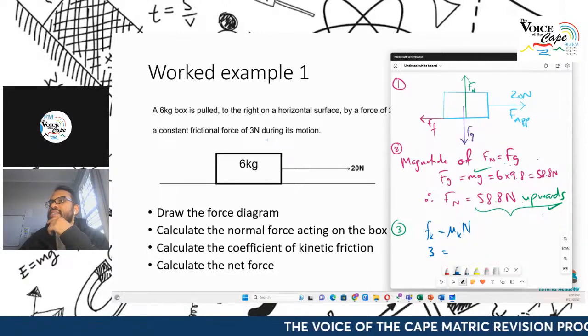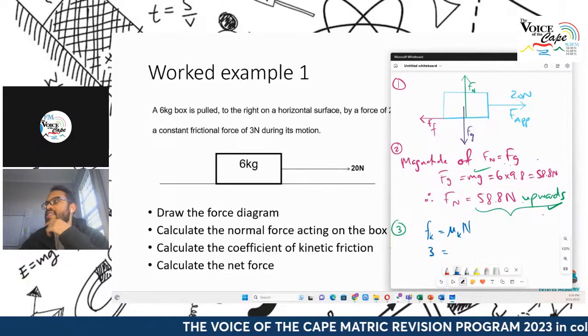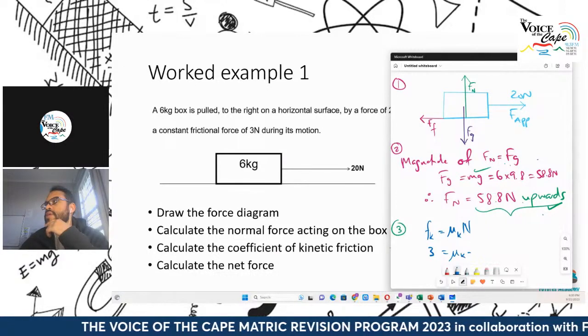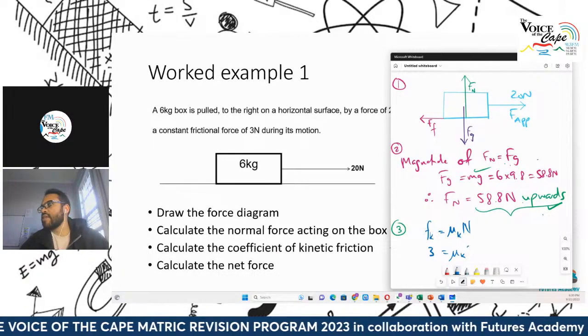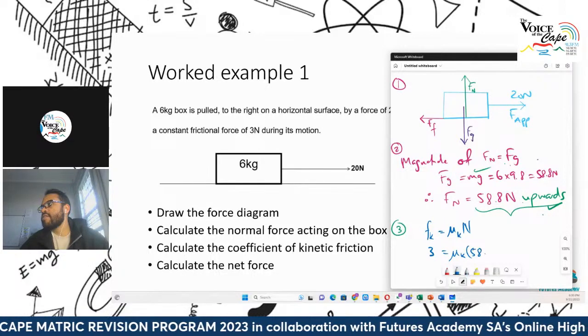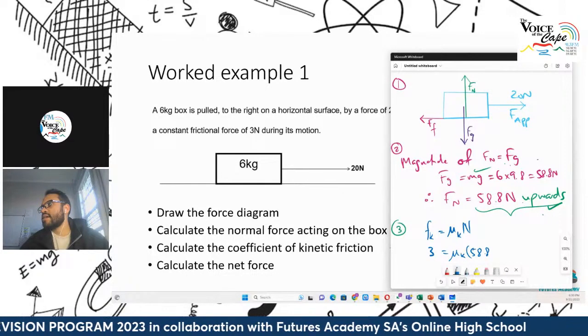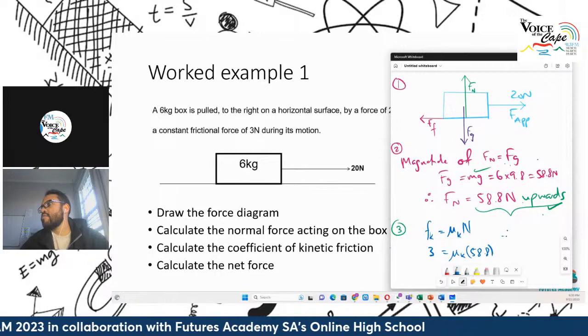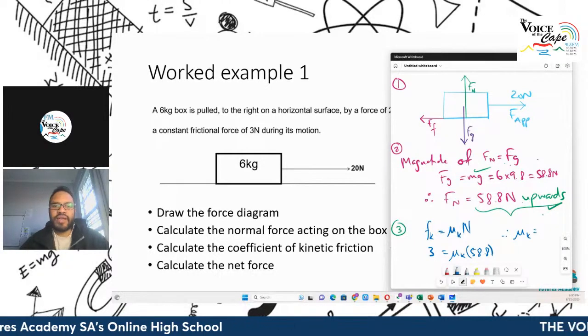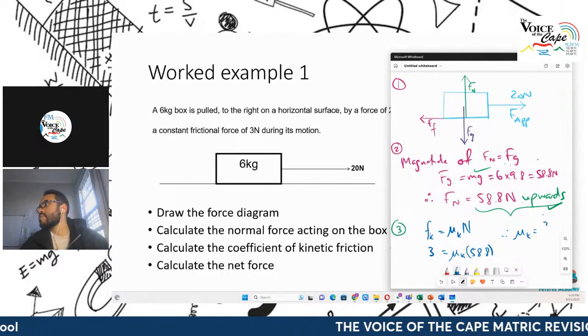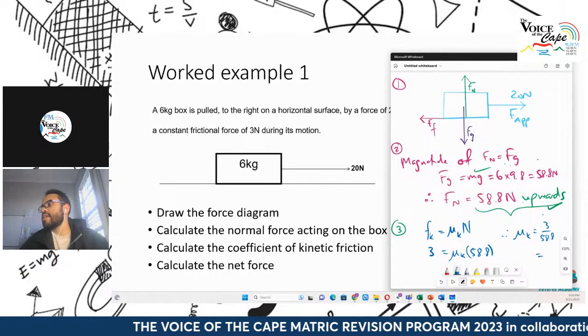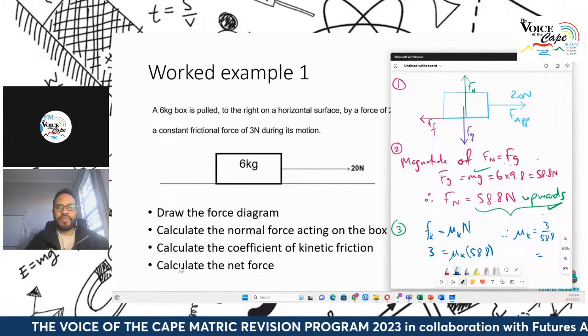Mu k is the coefficient of kinetic friction, and that's actually what we're solving for, multiplied by the normal force. And we calculated the normal force now. That's 58.8 newtons, and therefore mu k is equal to 3 divided by 58.8. And that should give you some solution over there.